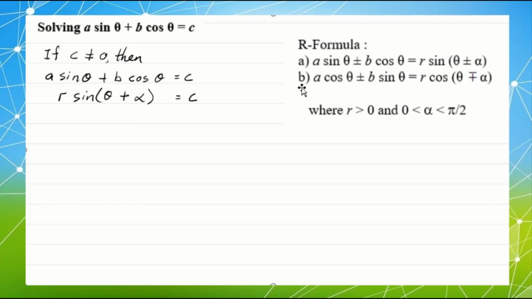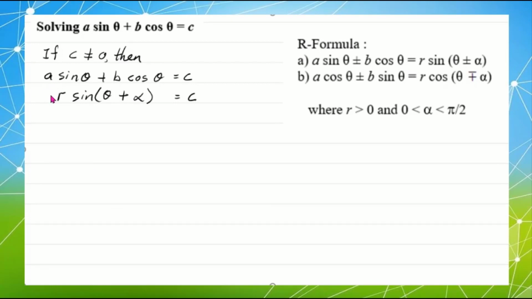Now if the expression is a cos theta plus b sine theta, then the R formula is R cos theta minus alpha. Then if the expression is a cos theta minus b sine theta, then the R formula is R cos theta plus alpha. So in this case, since the expression is a sine theta plus b cos theta, we need to identify the correct R formula, which is R sine theta plus alpha.